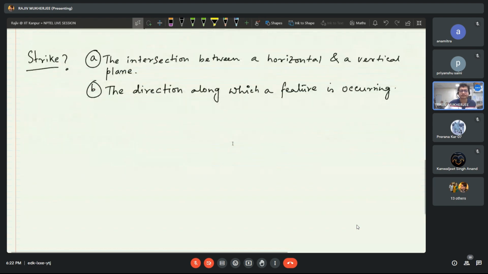Anyone else? Okay. So both of the answers are partially correct. The definition of strike actually combines these two points, of course, but there is something more, right? So what is the concept of strike?